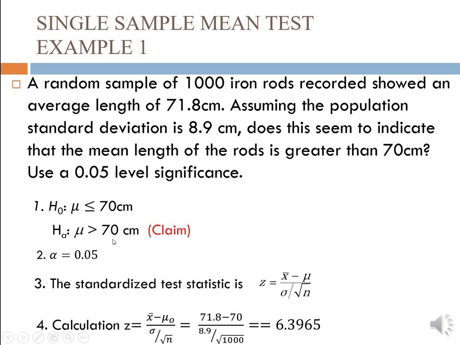Then the test statistic value is 70 centimeters, so we have 70 over the standard deviation of the population, 8.9, divided by the square root of the sample size, 1,000. And once we calculate that, we get 6.3965 as our result.